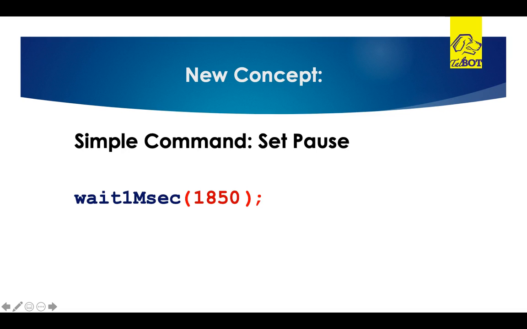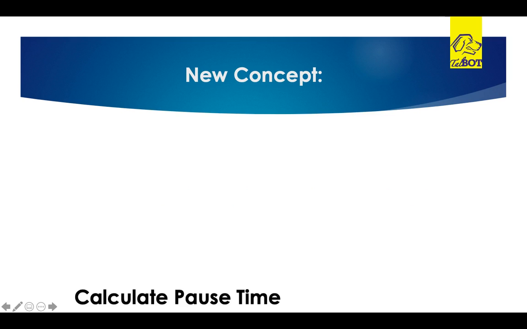Again, this is a simple command, and simple commands, as the controls, know when to go to the next line when it sees a semicolon. And of course, what's going to be helpful for us is if we know what's going on, so I like to put comments on things. In this case, we have pause of 1.85 seconds. Again, we'll see where this 1850 milliseconds comes from in a little bit.